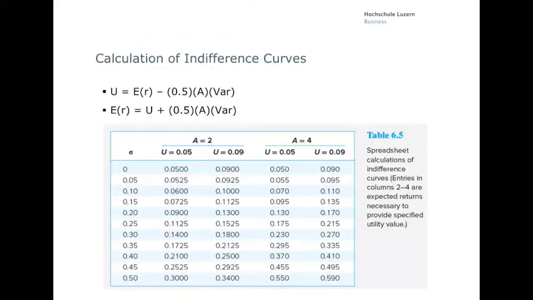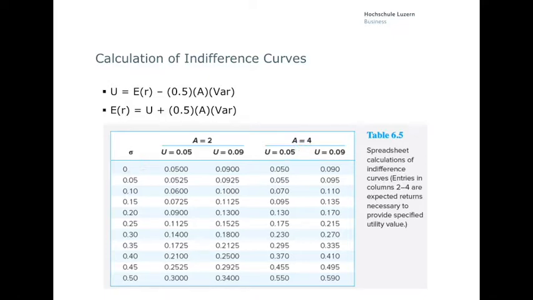Calculation of indifference curves. A graphical way of presenting decision problems is to use indifference curve analysis. To illustrate how to build an indifference curve, consider an investor with risk aversion of A equal 4, who currently holds all their wealth in a risk-free portfolio yielding 5%.